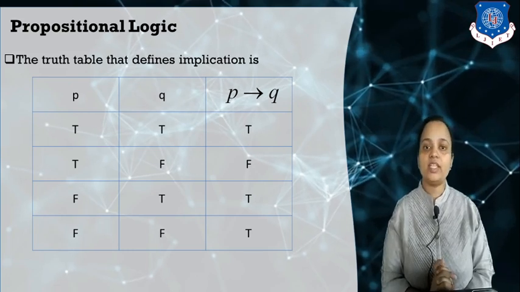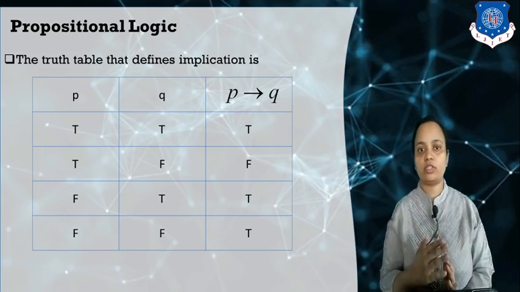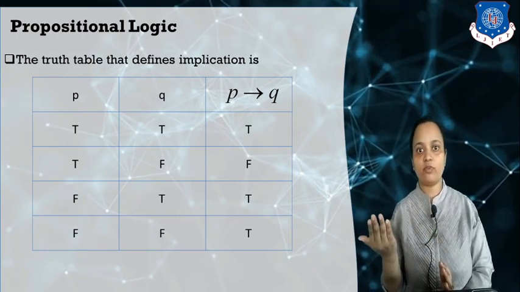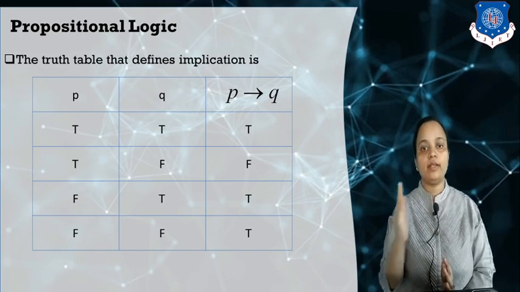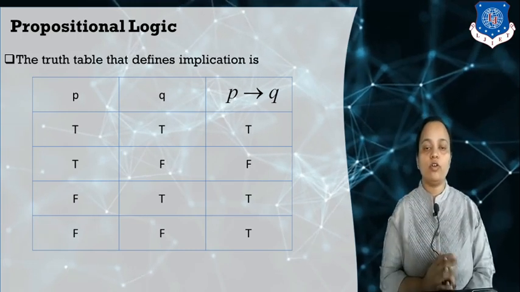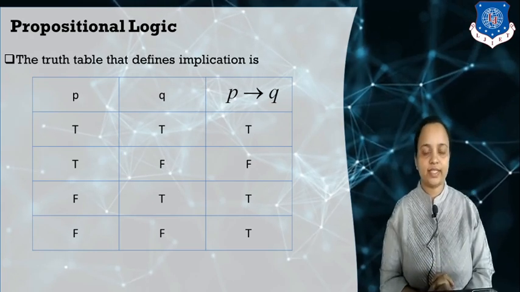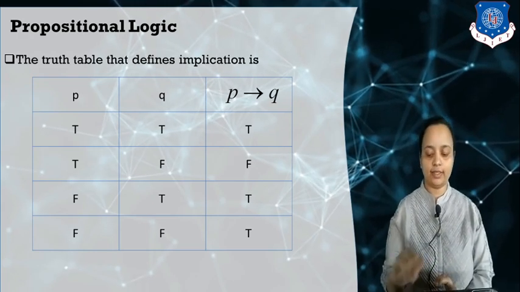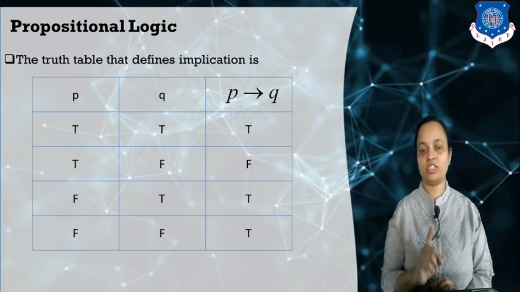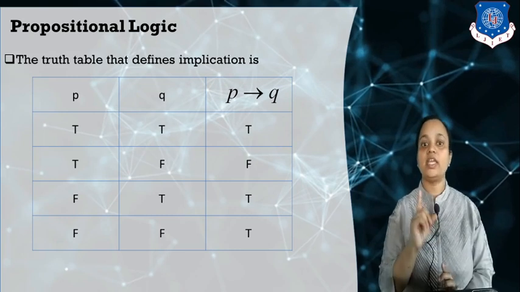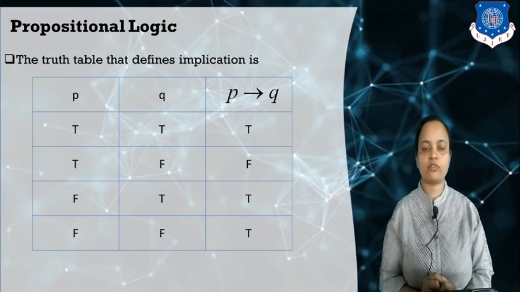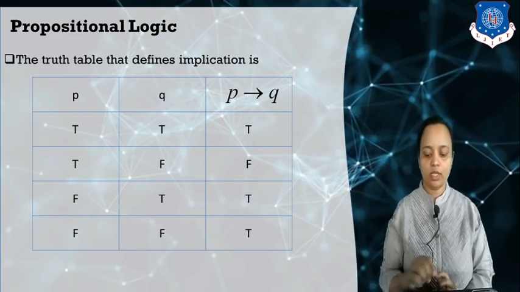But when P is true and the second proposition is false, then we can say that it is a false statement. So I hope this concept is clear. In if-then statements, always remember, when the first proposition is true, the second proposition must be true. Now move on to the next.